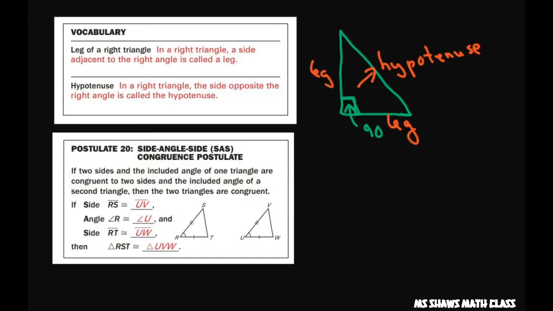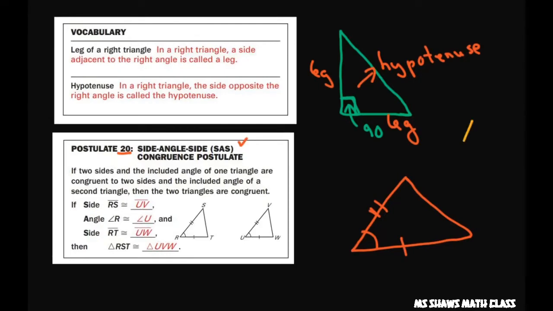All right. So based off our postulate 20, side angle side, if two sides and the included angle of one triangle are congruent to two sides and the included angle of a second triangle, then the two triangles are congruent. So let's just make some generic triangle. This is a side angle side.